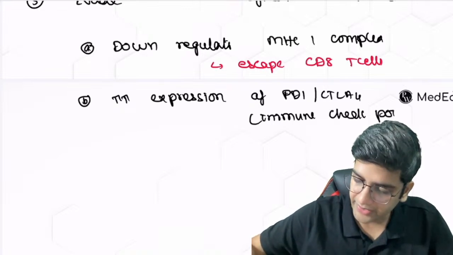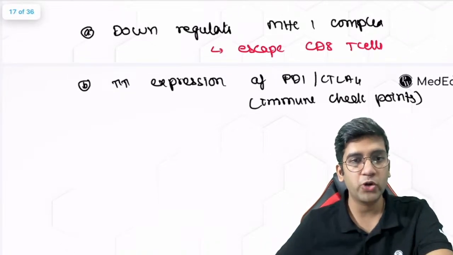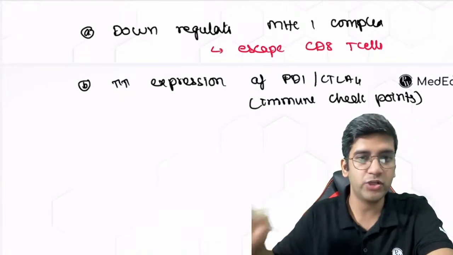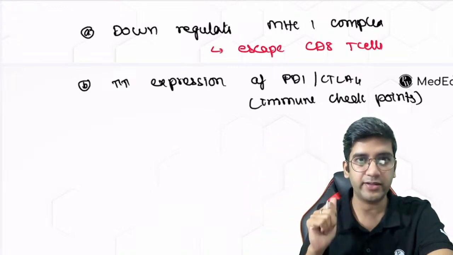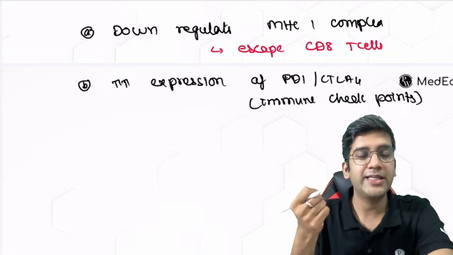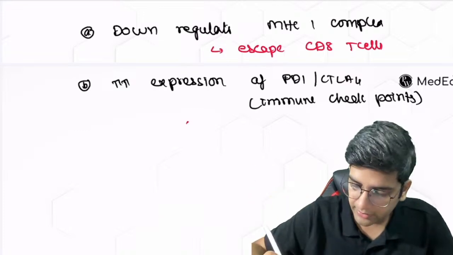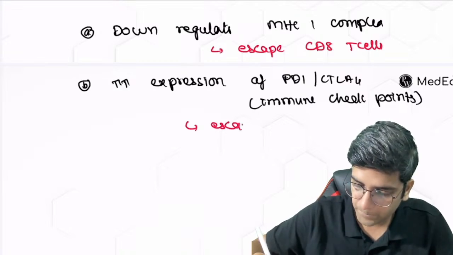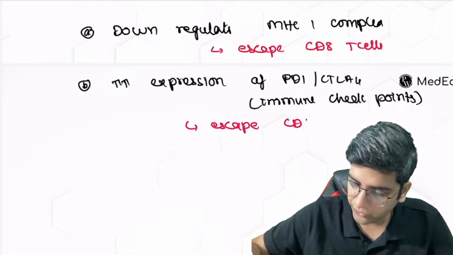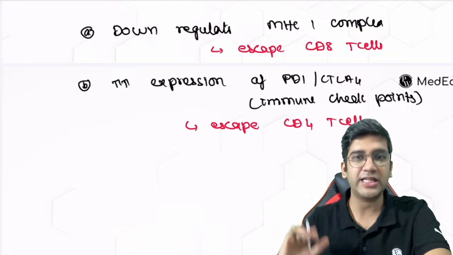By increasing the immune checkpoint, the cell tells my body, I'm a self antigen. If you remember immunology, you can easily correlate that, right? So by increasing CTLA4 and PD1, a tumor cell tells my immune cells, I'm a self antigen, don't destroy me. By this way, they can escape CD4 T cells. That also is done, at CD8 T cell and at CD4 T cell.